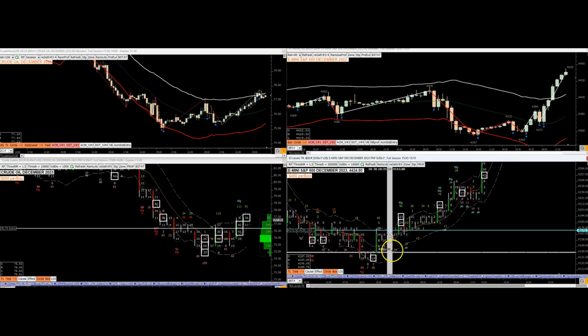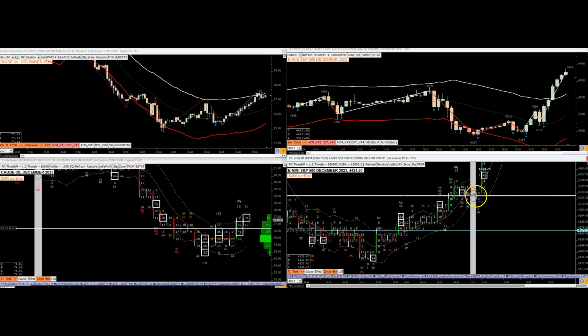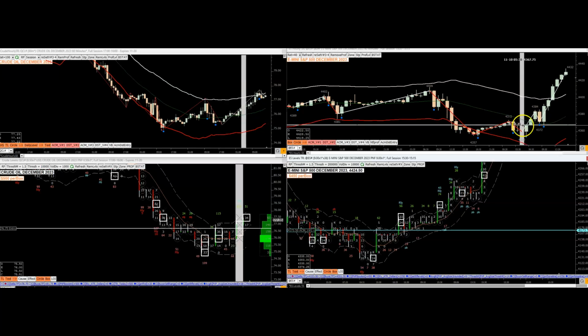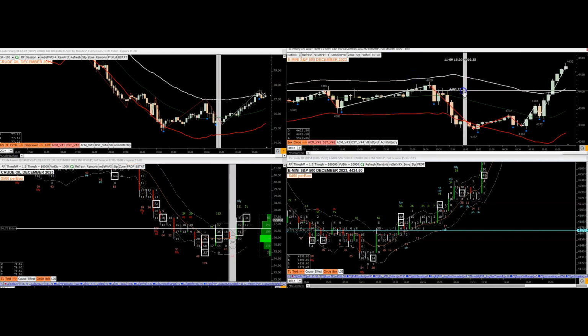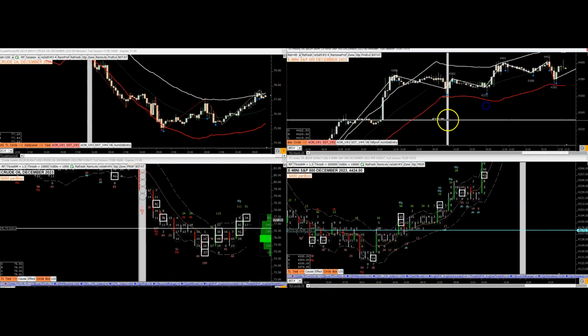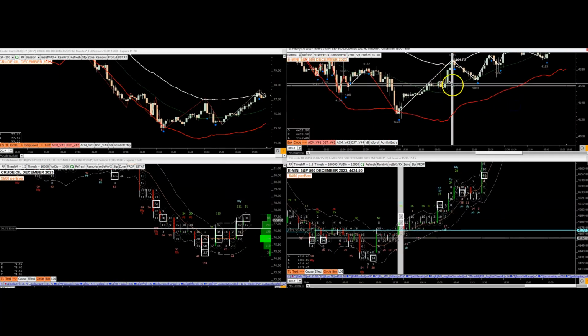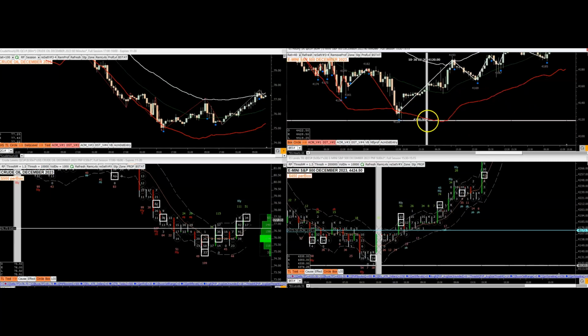The boxes identify the high volume areas, which will help me pinpoint the exact location, typically in the high volume boxes, where price will be attracted to and where the buyers will step in and buy more. So this is the method. On the top, I have an hourly ES. Now watch this.